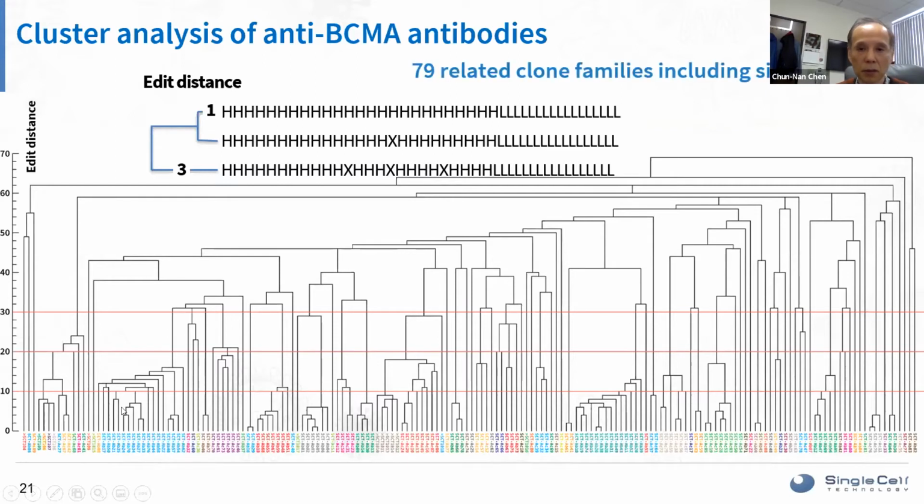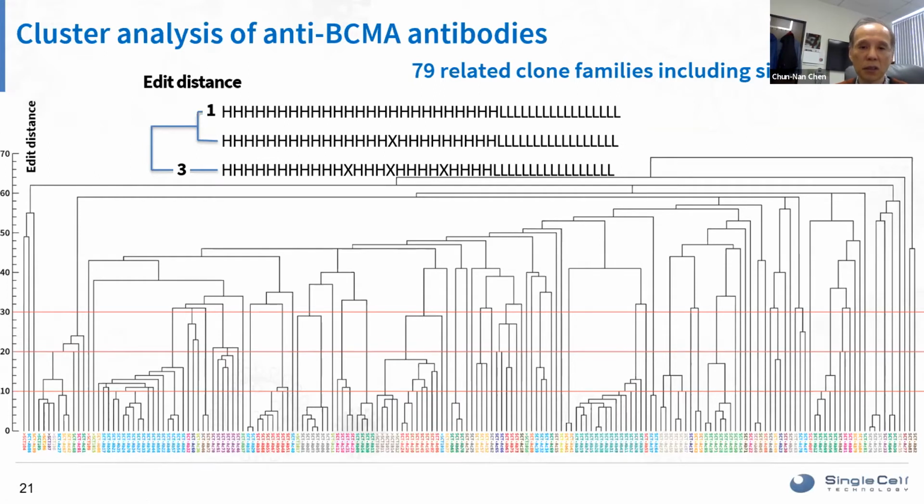So let me put up another one. Here in this particular campaign, I think we recovered 300 some clones with paired sequences, and it comes down to 191 unique sequences. When I say unique, some of them could be off by just one amino acid, but they're still unique.